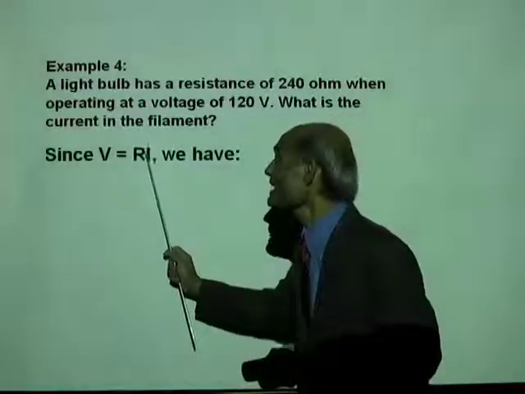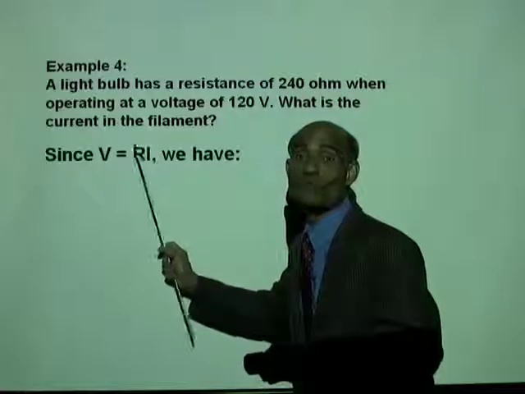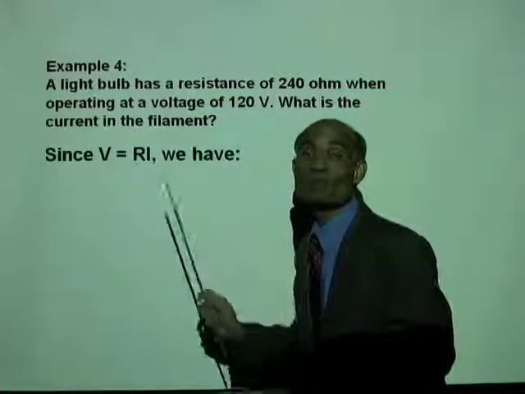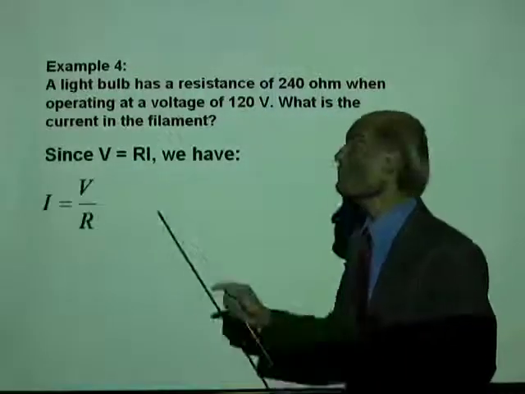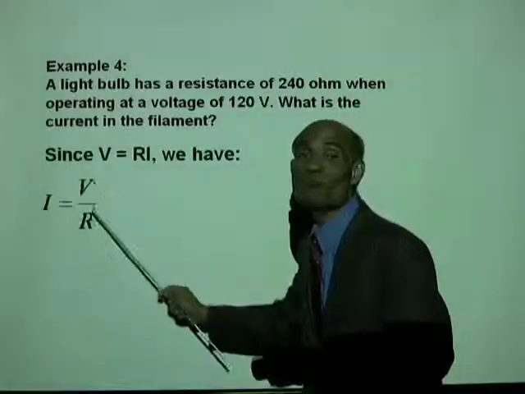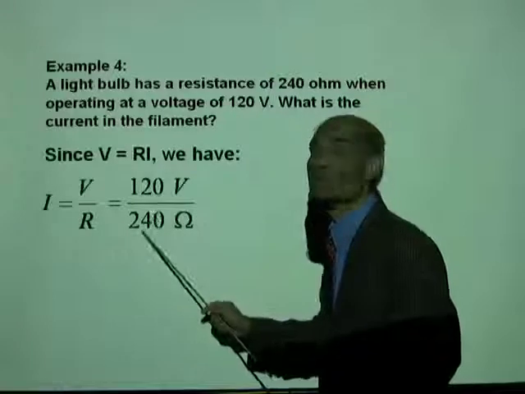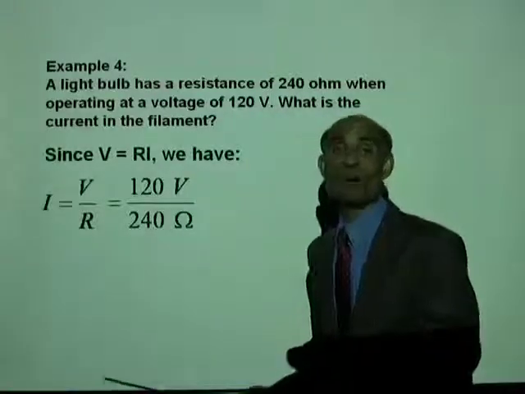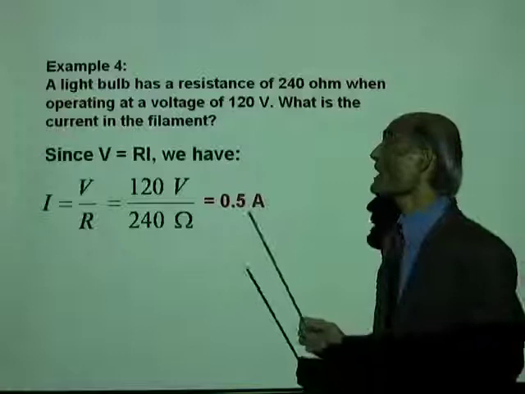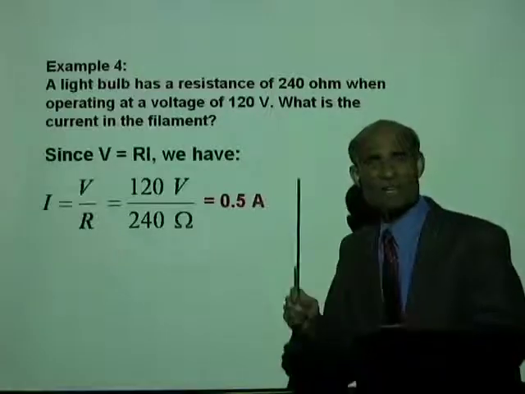Therefore, we can calculate the current using the Ohm's law relation. V equal to RI. Therefore, I equal to V over R. That will be 120 volt divided by 240 ohm. That is 0.5 ampere. Very simple calculations.